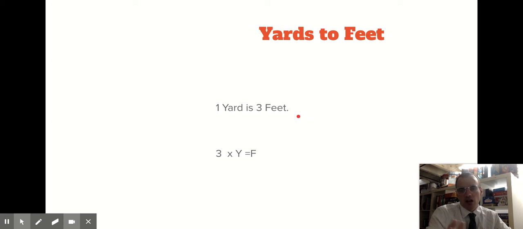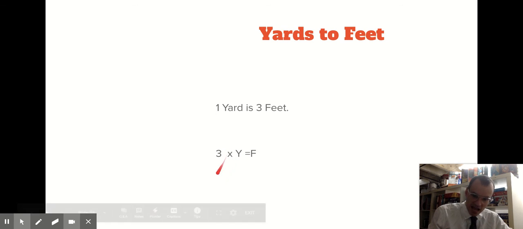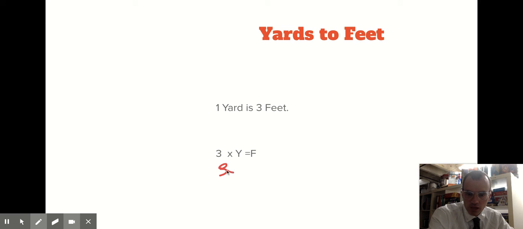Yards to feet. So if you take a yard and you have a foot, it will tell you like this: 3 times y equals f, right? However many yards you have, multiply it by 3, and that will give you feet. So it's always going to be a multiplication sentence. If I had 1 yard, it would be 3 times 1. I'd have 3 feet.